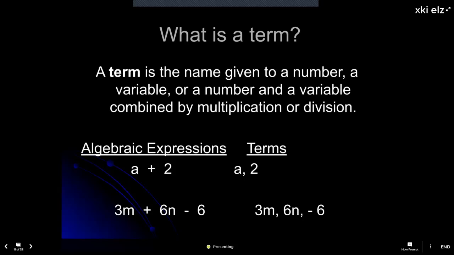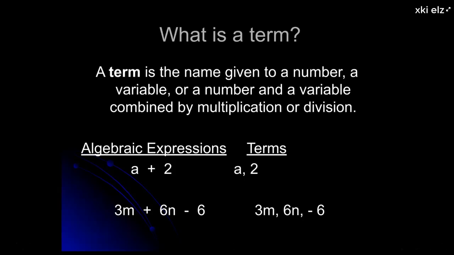So they're a term. You could also have m over 3, like m divided by 3, and that would be its own term. But when they're stuck together with multiplication or division, even though there's two things there, they're one term.